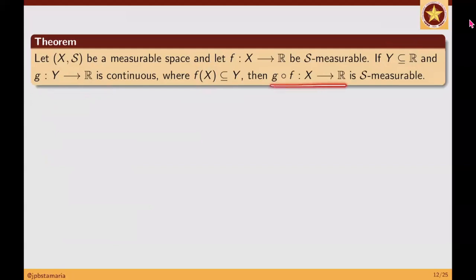yung composition na ito ay S measurable. So let me draw the diagram for you so you can see. G circle F. So ang unang gumagana si F. Ito si X. Ito si R. So this mapping is the F. Anong alam natin kay F? Measurable.